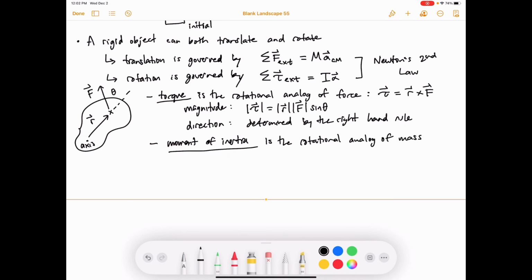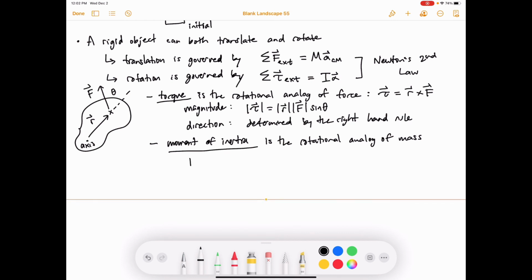Because if we look at the usual version of Newton's second law, F equals ma, mass is basically telling us how resistant an object is to being accelerated. The more mass it has, the more difficult it is to accelerate it, the more force you need to accelerate it. So moment of inertia is a similar idea because the greater the moment of inertia, the more difficult it is to give it angular acceleration, to get it to start rotating.